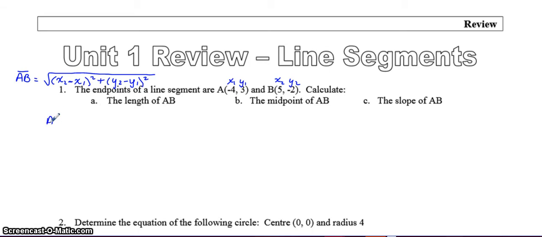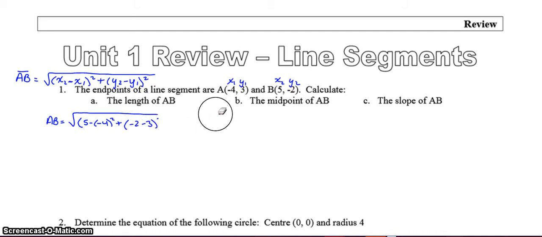So the length AB would be equal to the square root of 5 minus negative 4 squared plus negative 2 minus 3 squared.